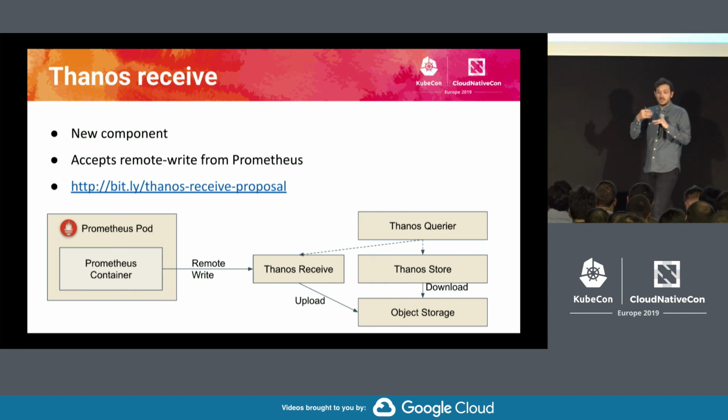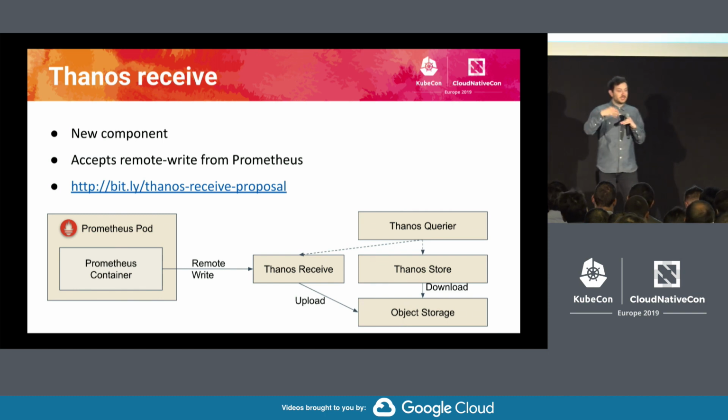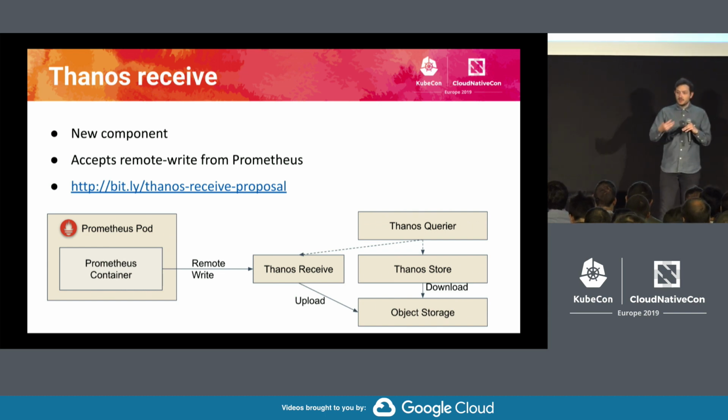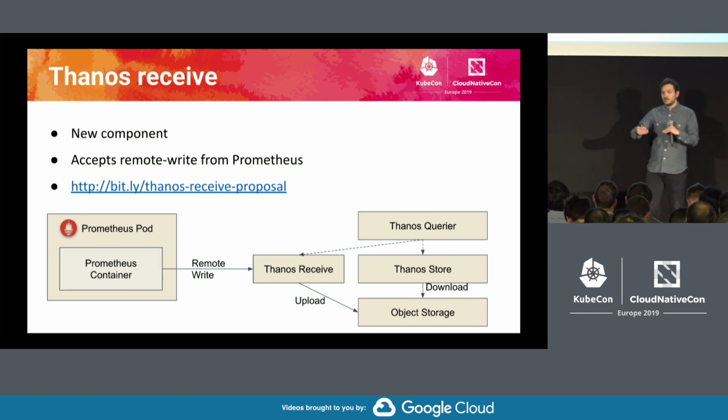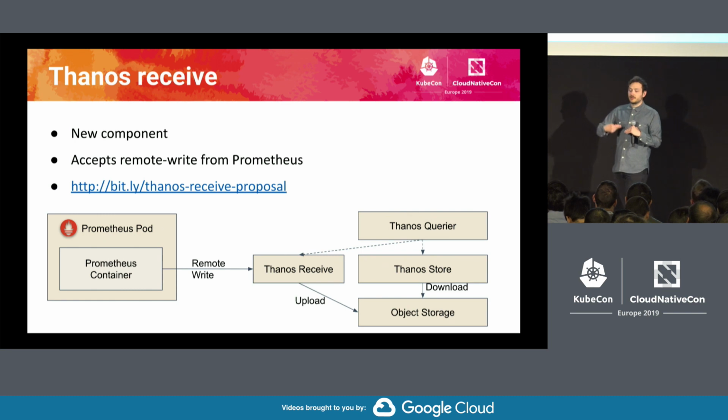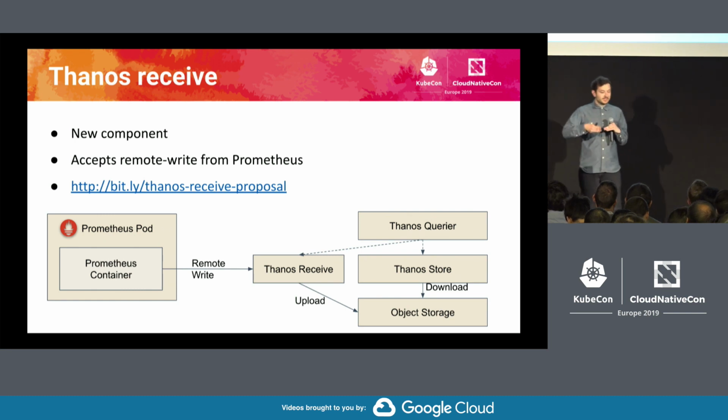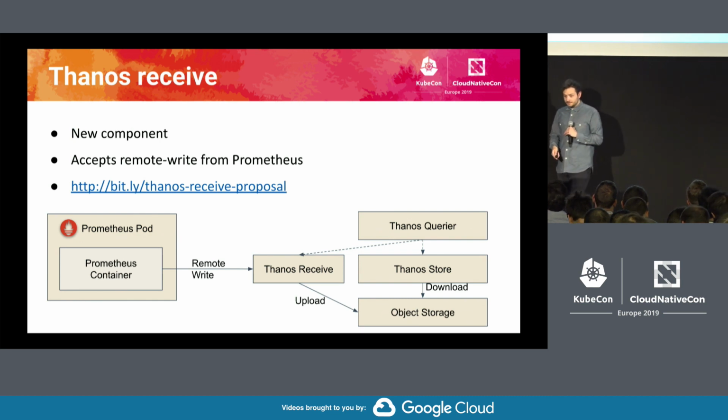And what this essentially does is it replicates the Prometheus database that is local to the Prometheus server to a remote location. And the Thanos Receive component receives this and essentially replicates the database locally and then does the same thing as the Thanos sidecar does once the block has been produced. But the Thanos Receive component would run on our premise in that sense.